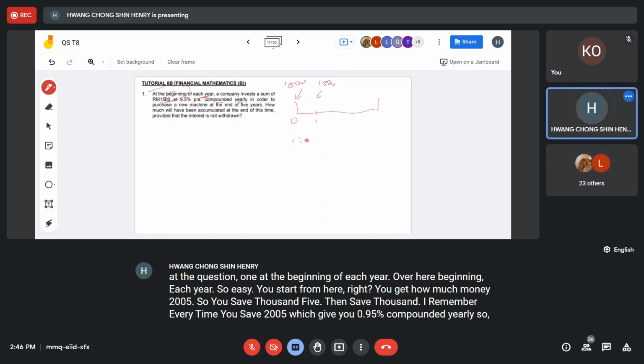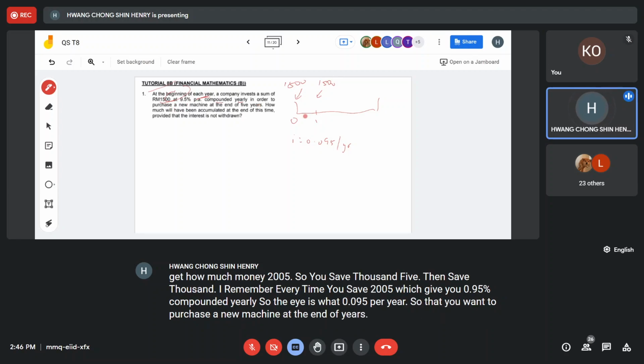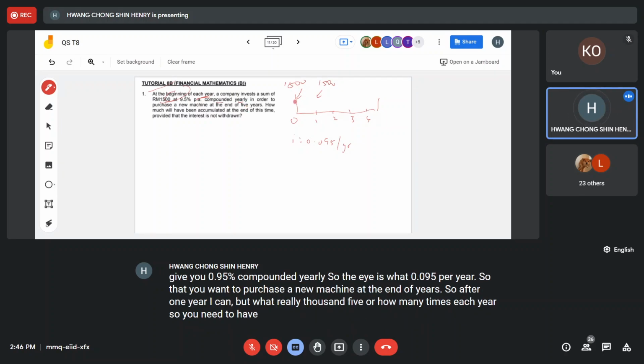So the i is what? 0.095 per year. So that you want to purchase a new machine at the end of 5 years. So after 1 year, second, third, fourth. So you receive 1,005 for how many times? Each year, so you need to have 5 years, means start from 0 and follow 1, 2, 3, 4, 5.